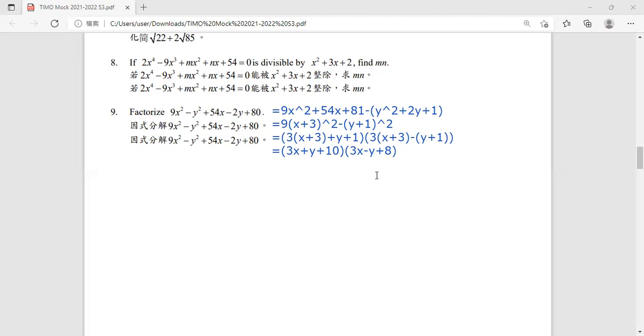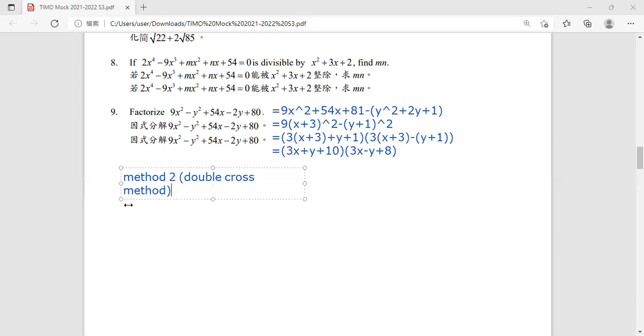Now this is the first method. For the second method, you can use the double cross method to do it, but I think it's a little bit clumsy here. Anyone have heard of this one?